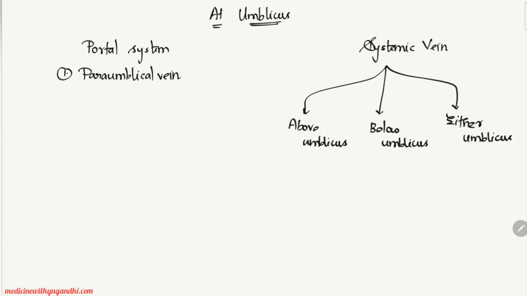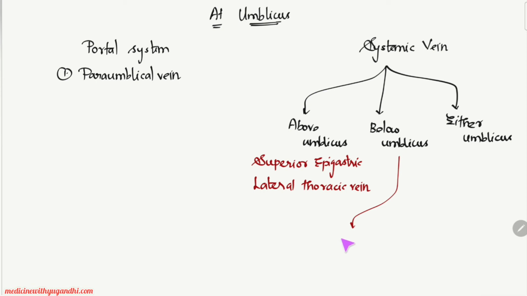Above the umbilicus, there are two veins, namely the superior epigastric and the lateral thoracic veins. Below the umbilicus also there are two veins, namely the superficial epigastric and the inferior epigastric vein.